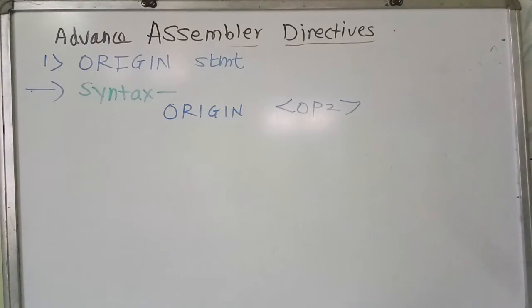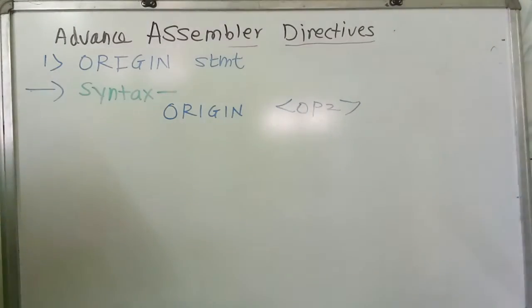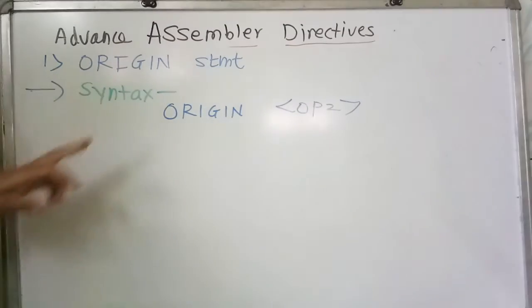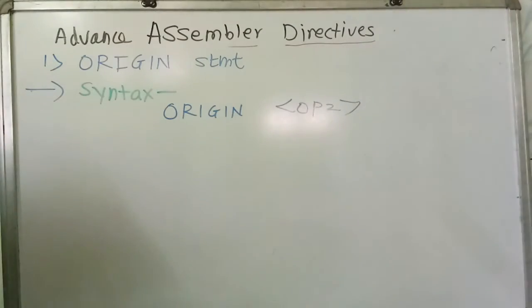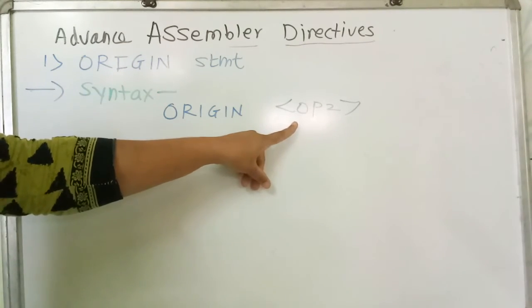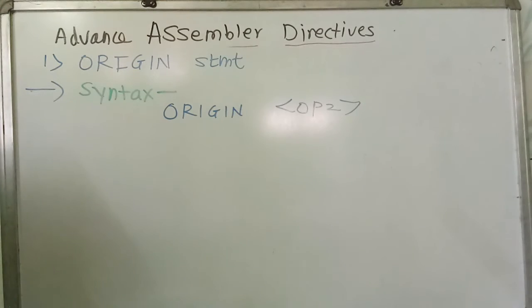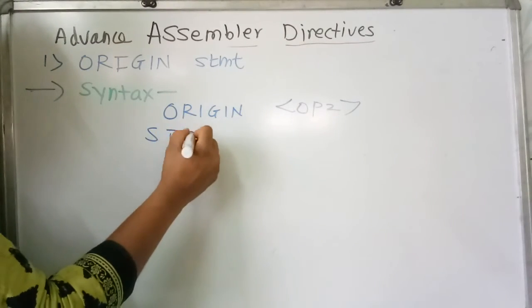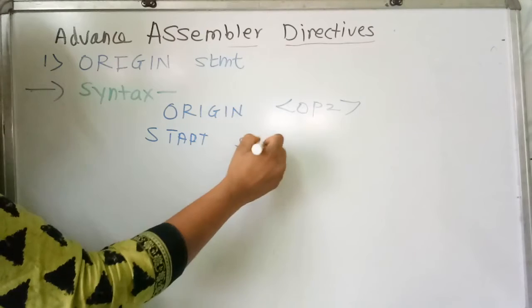What does this operand 2 indicate? This origin is the same as the start instruction, but its operand may be a constant, symbol or a symbolic representation which indicates the address of the next execution instruction or the data. Means in start we have written start and, for example, 500.